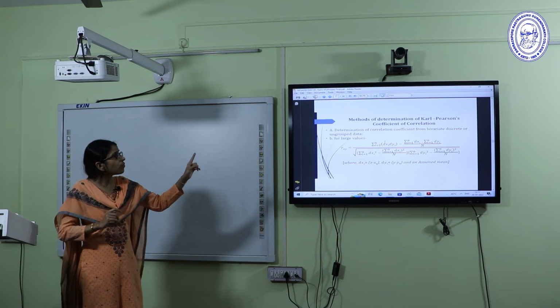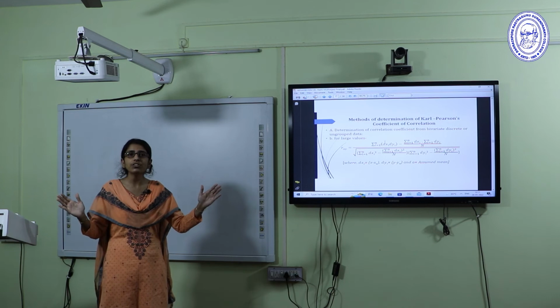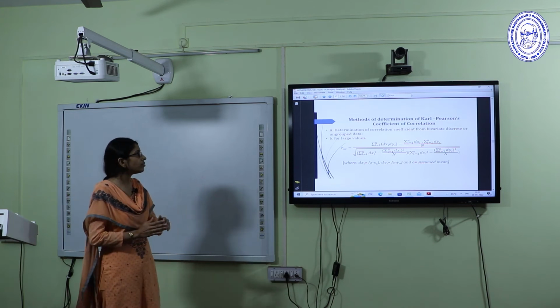Now, the second one is for large values, when we have a large number of observations and the size of the values is also large.